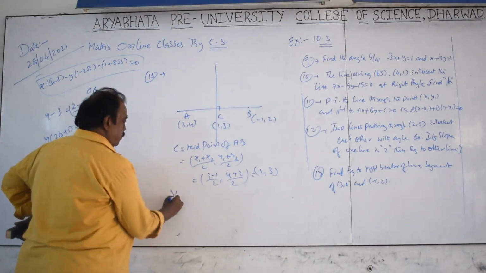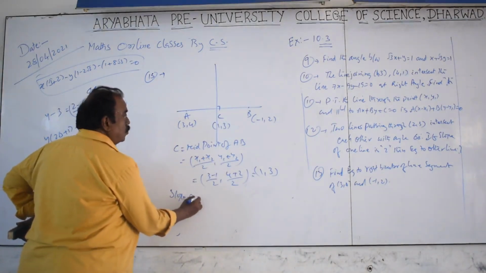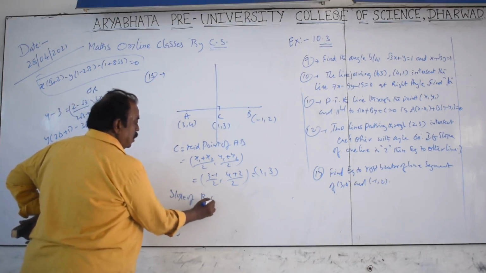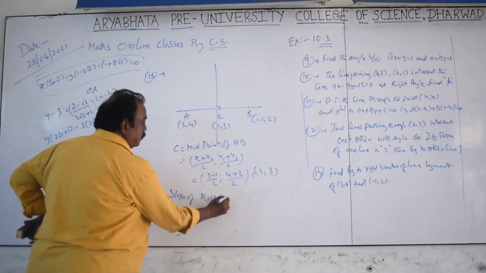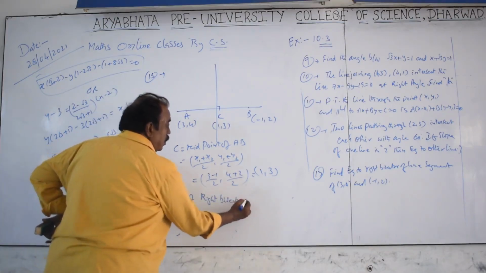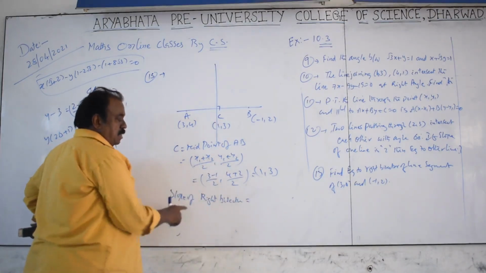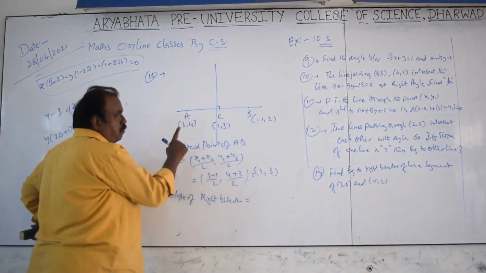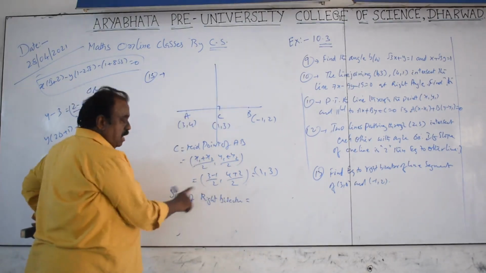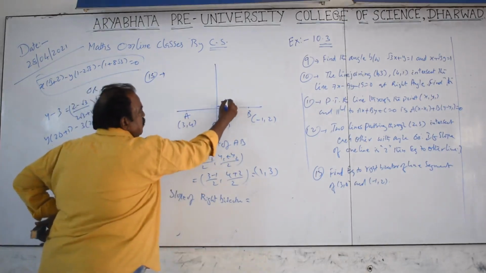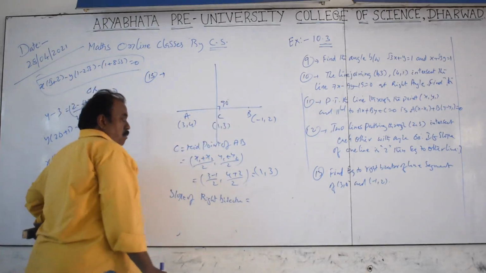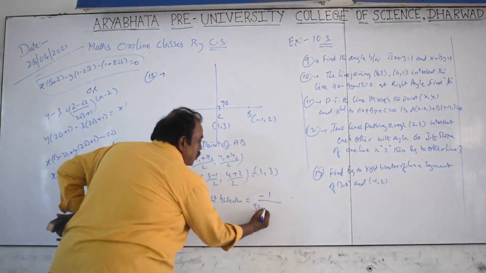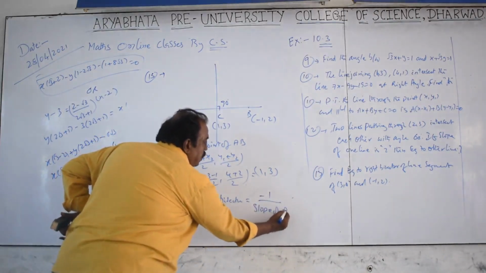And the slope of the right bisector. Perpendicular bisector. Right bisector means right means perpendicular. Perpendicular bisector bisects, that means it passes through the midpoint, as well as it is at a right angle. That is the meaning. The slope of the right bisector is minus 1 by the slope of AB.